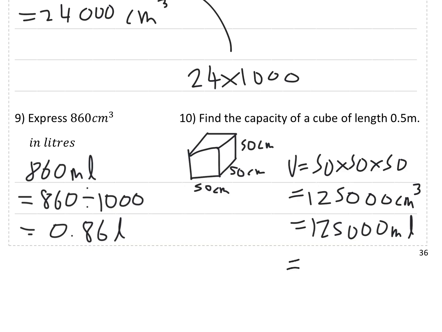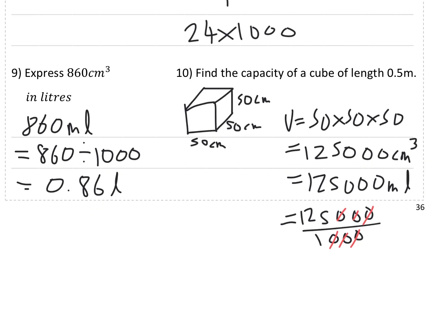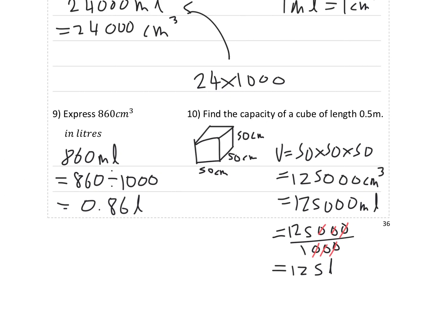So to go from mils to litres, you're dividing by 1,000, and that ends up that you've got 125. 125,000 mils is 125 litres. A lot of lines of working out for that one there. You don't maybe need as many as that, but hopefully that explains it well enough for you.